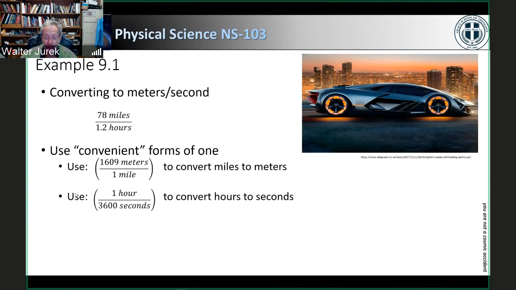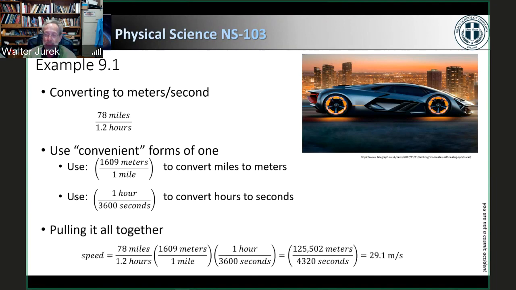So let's pull it all together. I've got 78 miles over 1.2 hours. But then I'm going to multiply that by my convenient form of 1, 1609 meters over 1 mile. So do you see that I have miles on top with the 78 miles, and now I have 1 mile in the basement in the next fraction?